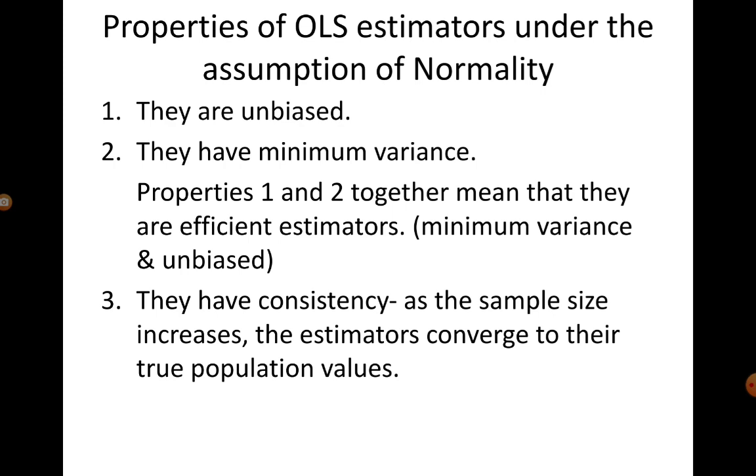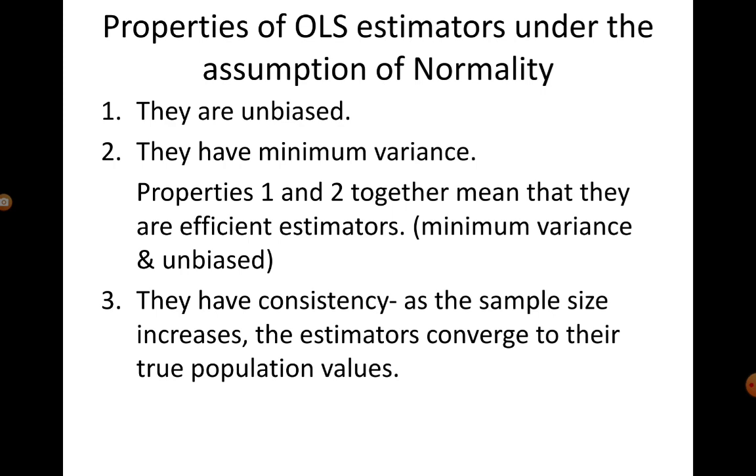The third property is the new property. The third property says that the OLS estimators are now consistent. What do you mean by consistent? It means that as the size of my sample increases, the estimators will actually converge to the true population values. Okay, this is something new.